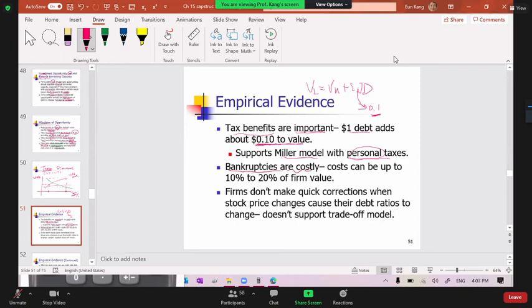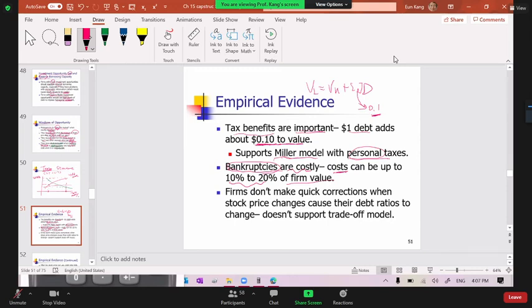But bankruptcies are costly. Cost can be up to 10 to 20% of firm value. Big problem, right? Bankruptcy cost, as I said, is not included in the MM model or the Miller model.